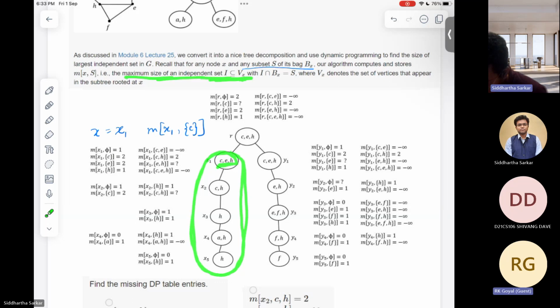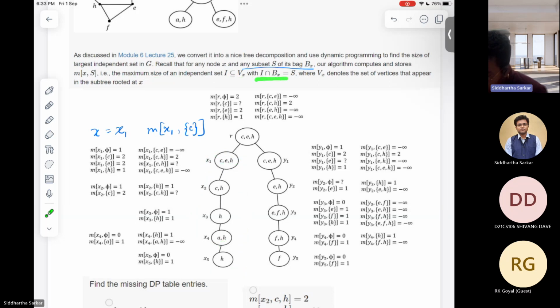So CH and A. Okay. And with the additional property that this independent set intersection with the contents of the bag is exactly S. So it is slightly tricky. So you can take a minute or so to let the definition sink in. Then we will make the computations.